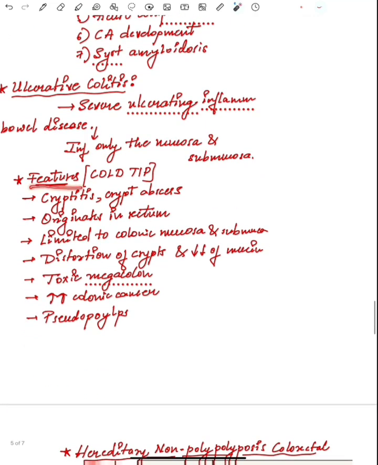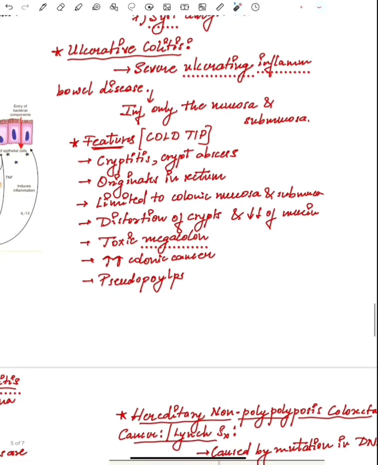Features of this ulcerative colitis can be remembered by the mnemonic COLD TIP. Cryptitis, crypt abscesses, it originates in the rectum, and it is limited to the colonic mucosa and submucosa, as I said above. Distortion of the crypts, and there will be a decrease in the mucin. Toxic megacolon, increase in colonic cancer, pseudopolyposis.